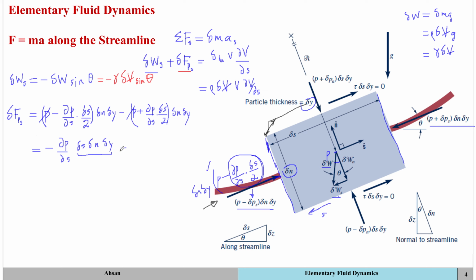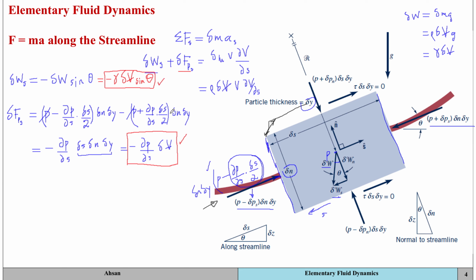So I can simplify this further and write it as minus partial P by partial S multiplied by the differential volume of the fluid element.